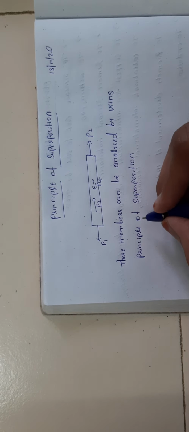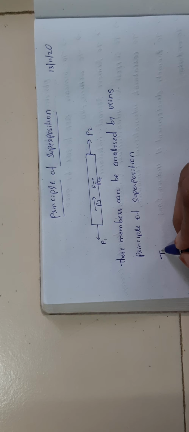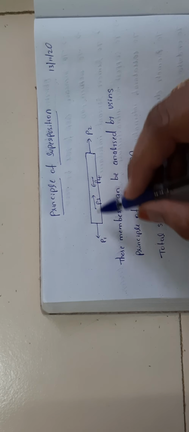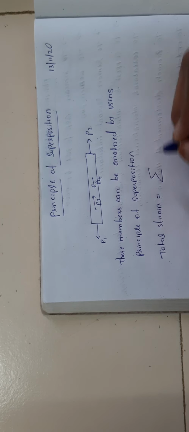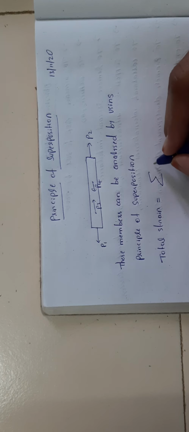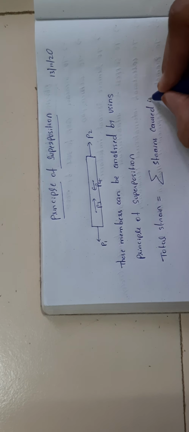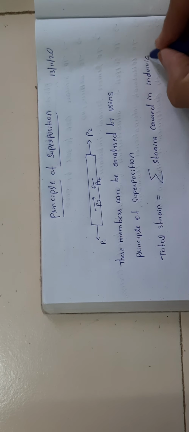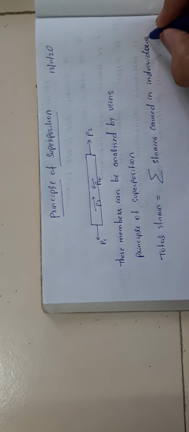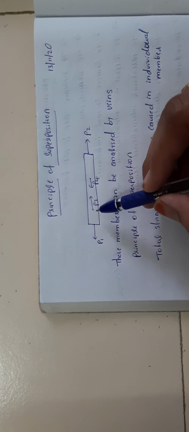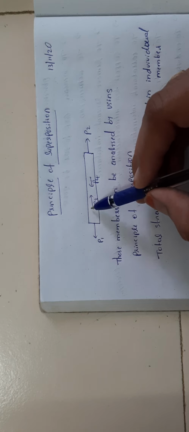See what it means: the total strain caused in this member due to these P1, P2, P3 forces can be written as the algebraic sum of strains caused in individual members. In this bar we can divide the total bar into different sections.